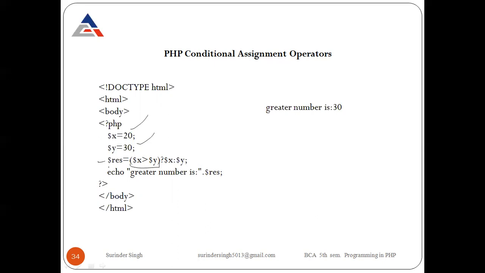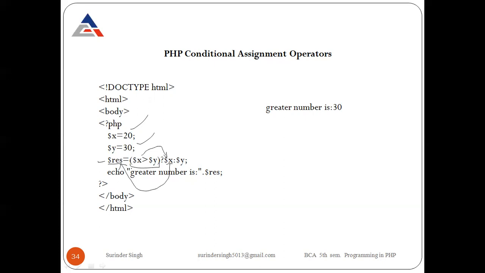Here we have the variable result. Whatever expression is executed, its value will be assigned to the result variable. Clear? Now, if x is greater than y, then we write x. If expression 1 is true, then the value of x will be assigned to the result variable.